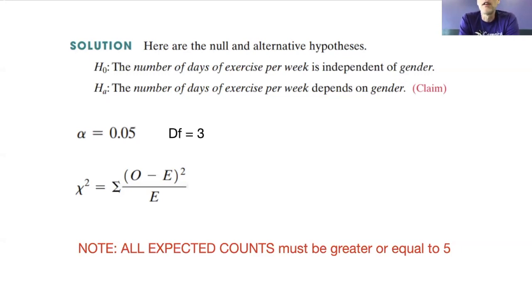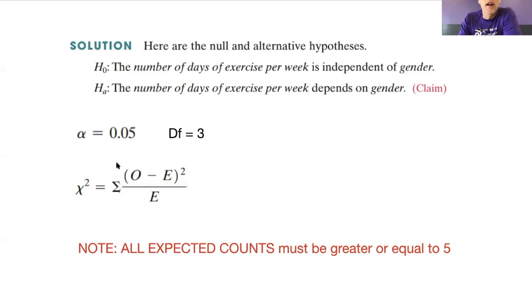Our alternative is that they are not independent, or to put that more positively, that the number of days of exercise per week depends on gender. We've already determined that we have a significance level of 5%, and that our degrees of freedom are 3.